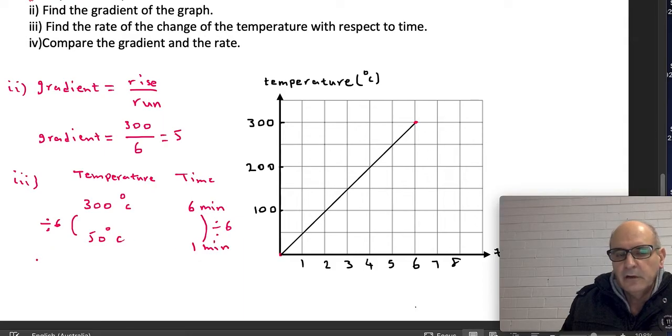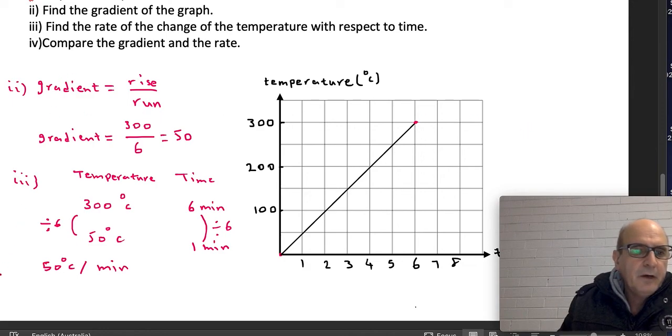That is what I wanted. So 50 degrees C per minute. Again, I'm not going to write 1 minute. Per minute means just one minute. That is my answer, 50 degrees C per minute.